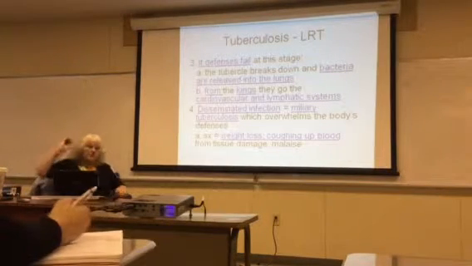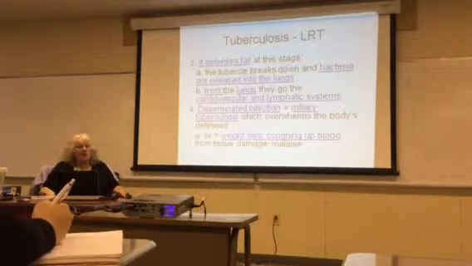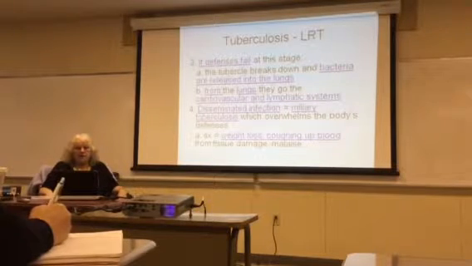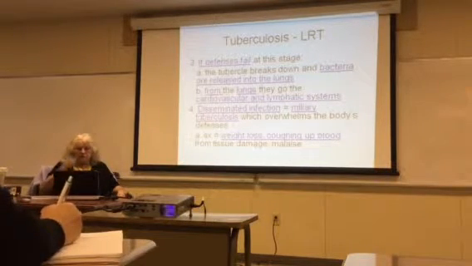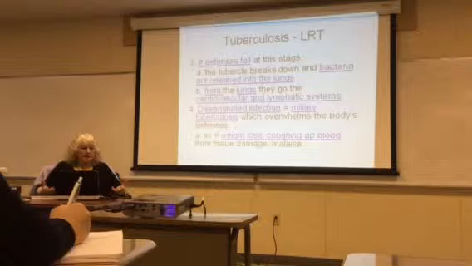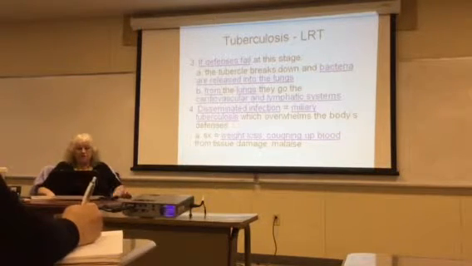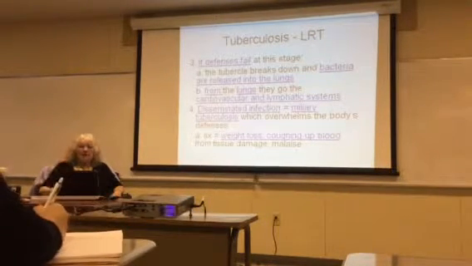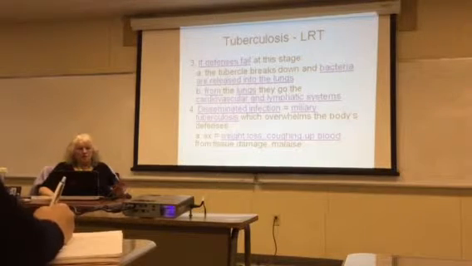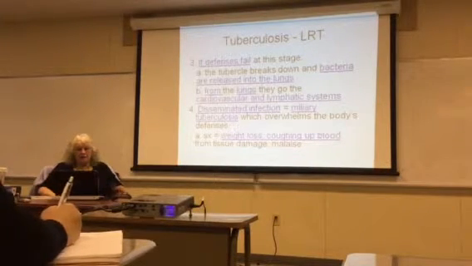If the host defenses fail at this stage and that tubercle breaks down, then the bacteria are released into the lungs. And from the lungs then, they can get into the cardiovascular and the lymphatic system. You can get what's called disseminated infection.